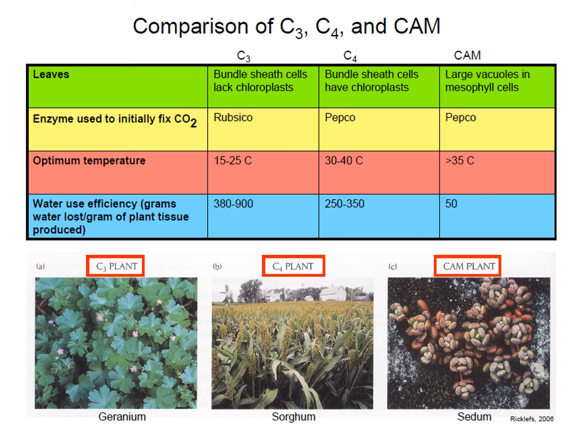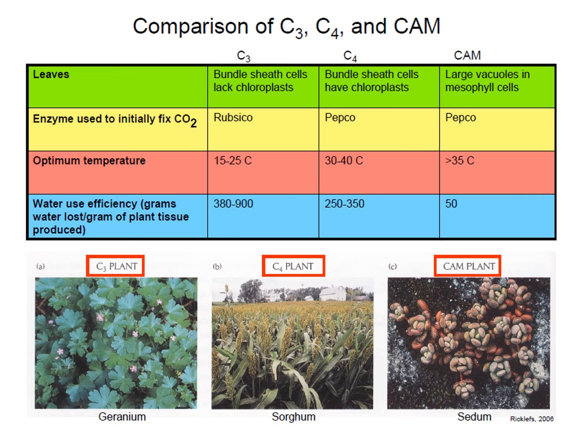The difference between these pathways is that the C4 and the CAM pathway have an additional step for that initial carbon fixation. This additional step allows these plants to be more water efficient. So in a C3 plant, that Rubisco enzyme is the one that initially fixes carbon dioxide and directly takes that into the Calvin cycle to produce a sugar.